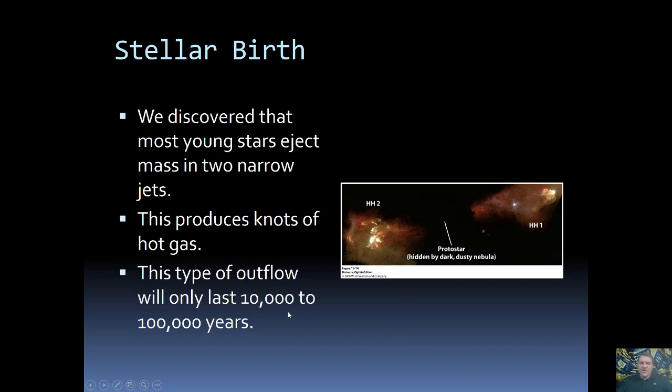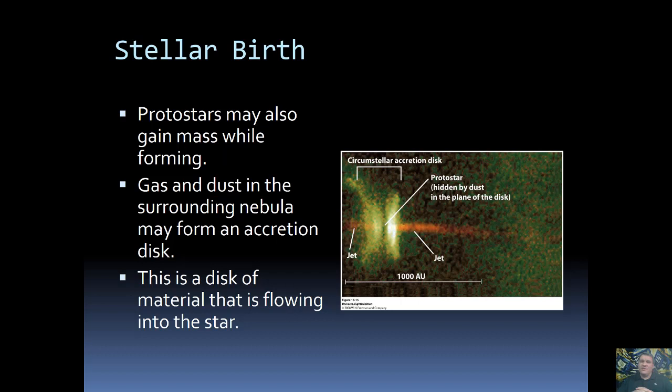Now, this sort of jet will only last from 10,000 to 100,000 years. And I realize that sounds like a long time, but consider how long stars last. If we're looking at stars that last for billions of years, 10,000 really isn't that long. As these protostars are still within the nebula, they can also still be gaining mass, having material fall down onto them from the nebula.